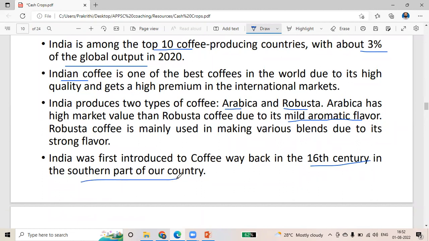Mainly in the Plantation region we can see coffee production in India, especially in Karnataka and some portions of Kerala.